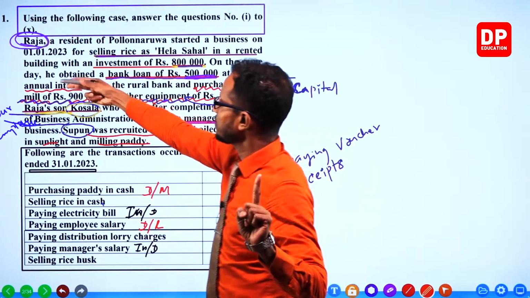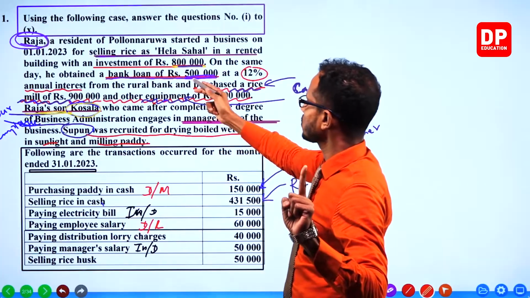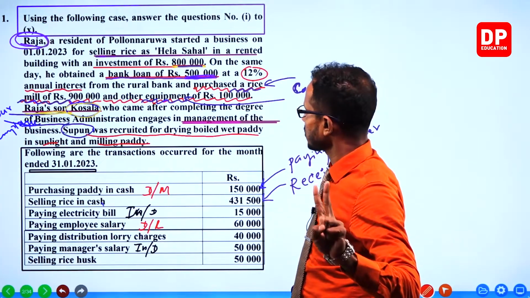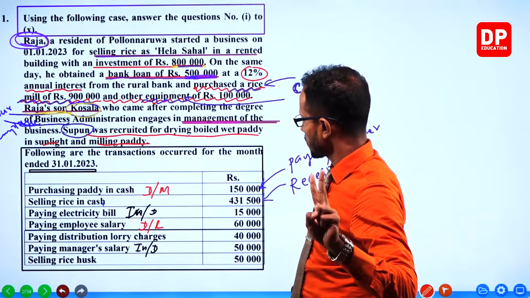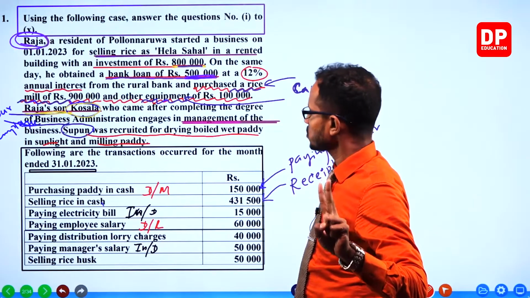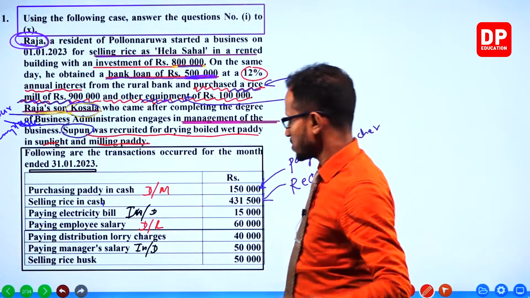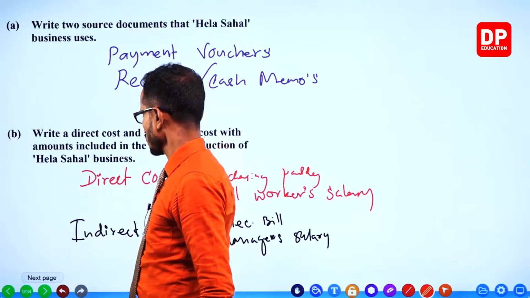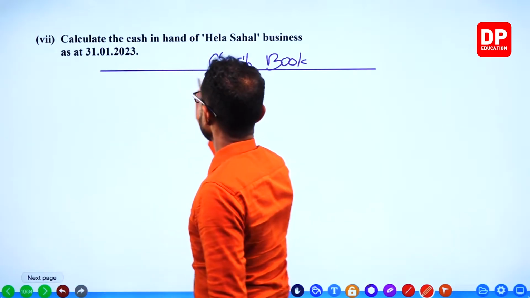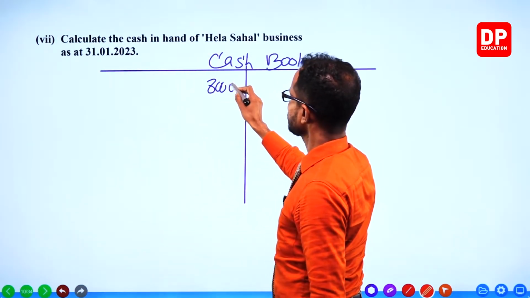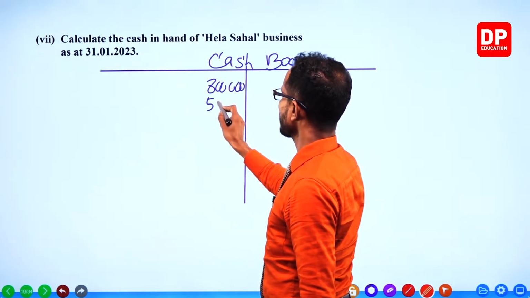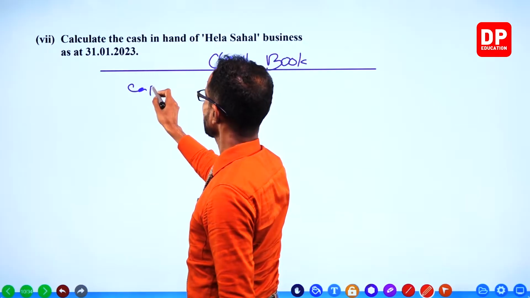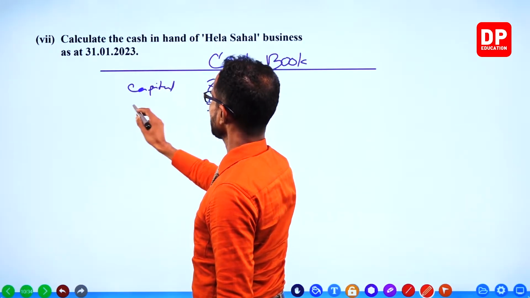Then on the same day a bank loan of 500,000 was obtained. Those two must be recorded first. 800,000 is the capital, 500,000 is the loan.